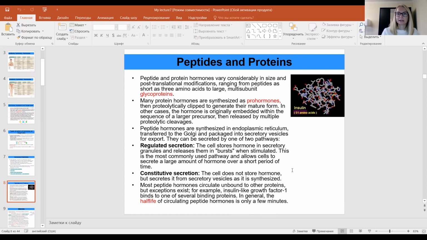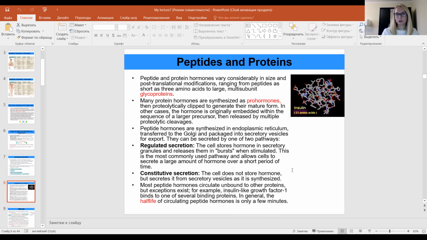Peptide hormones are synthesized in endoplasmic reticulum, then transferred to the Golgi apparatus and packaged into secretory vesicles for export. They can be secreted by one of 2 pathways. First one is regulated secretion. It means that the cell stores hormone in secretory granules and releases them in bursts when stimulated.